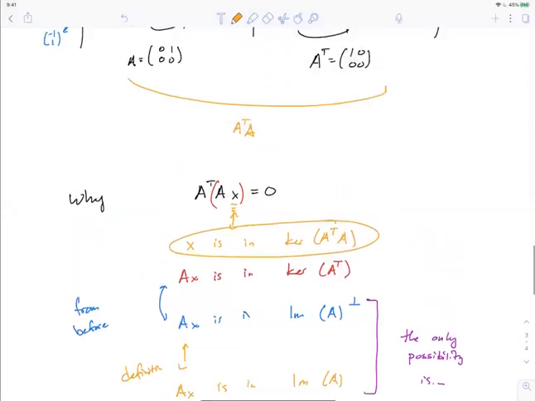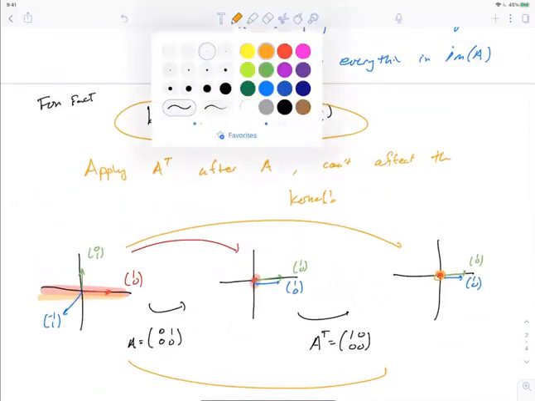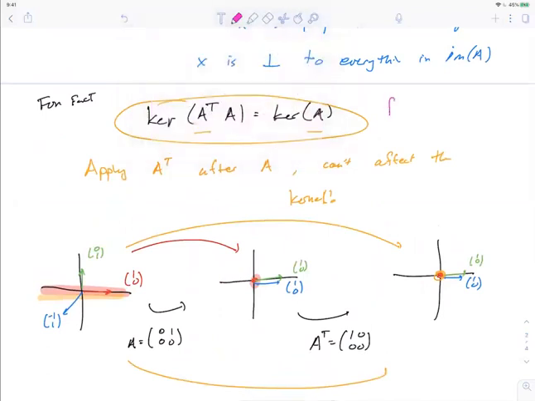So we get that our fun fact is true for any matrix A, not just symmetric matrices. Oh, sorry, for any matrix, not just square. That's for any matrix A.